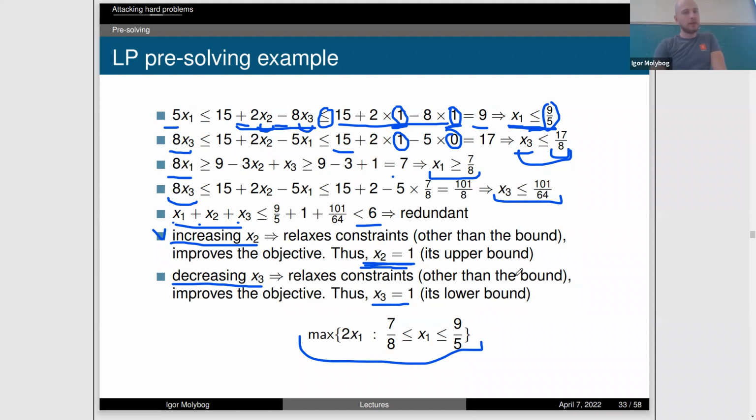You're asking why x3 is upper bounded? No, so for x2, right? You can use 1 because of the first two constraints.